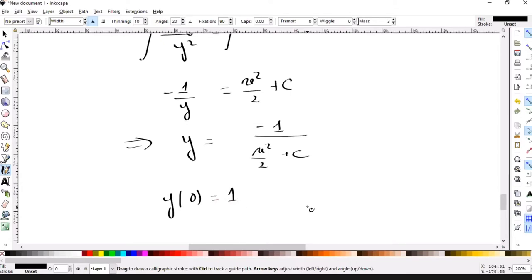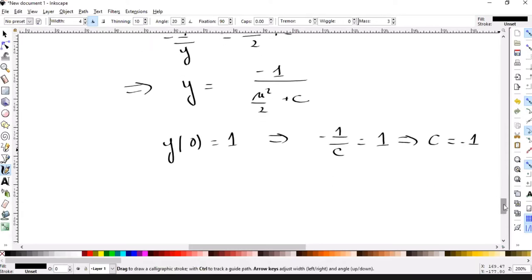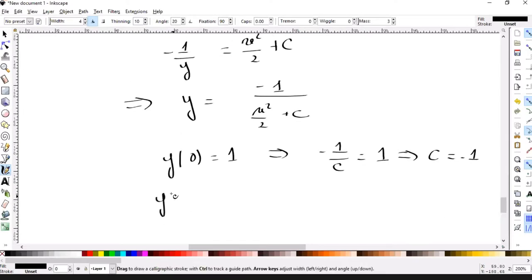Now if I take y of 0 is equal to 1, then it means that minus 1 over c is equal to 1, and c is equal to minus 1. Then the solution y of x is 1 over 1 minus x squared over 2.